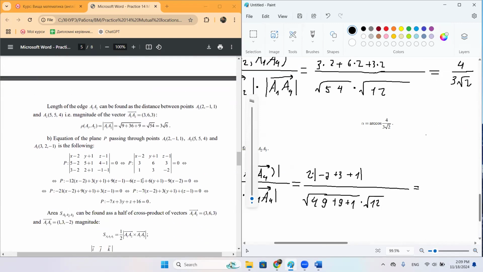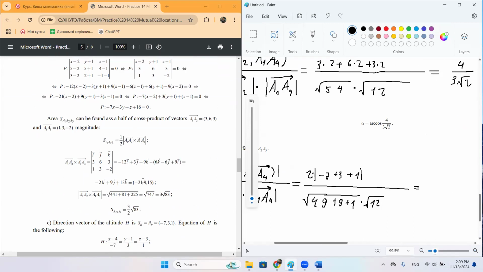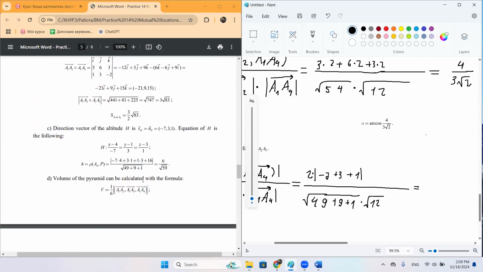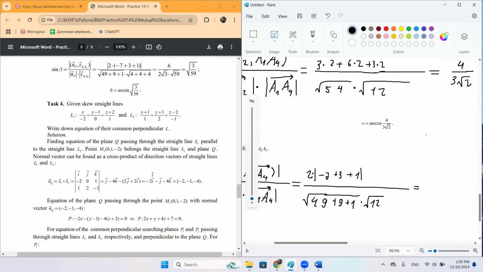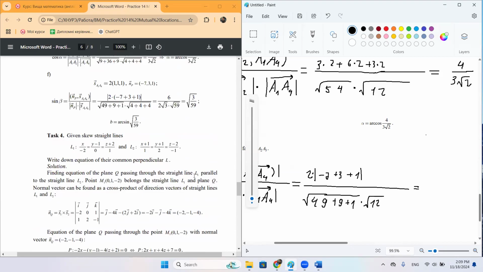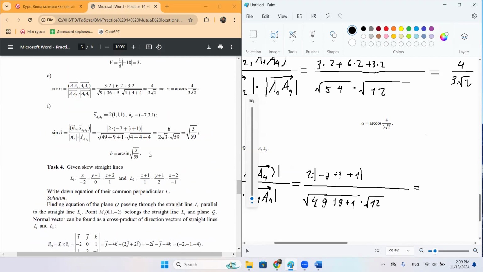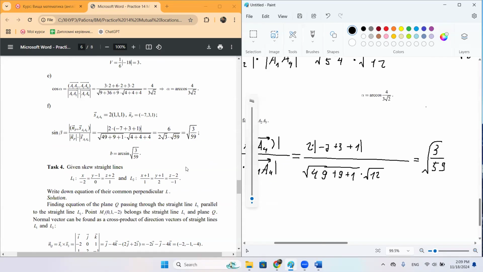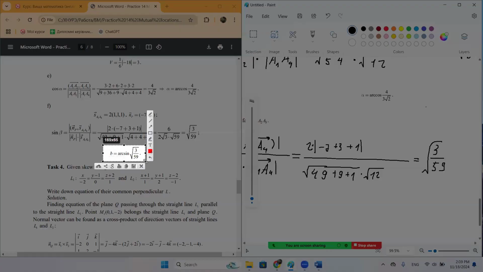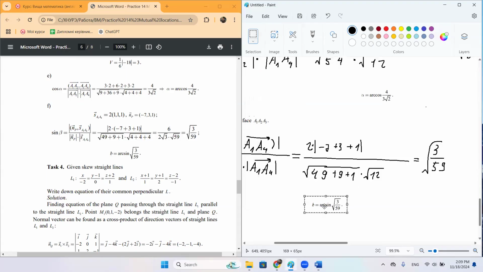Okay, I hope you didn't see the mistake in the text. So the sine is the next. Here everything is correct: square root of 3 by 59. And of course, not b but beta.